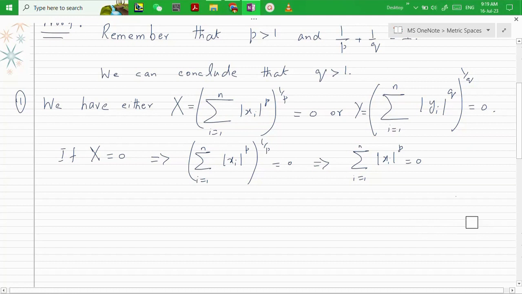So each xi equals 0. Similarly, if Y equals 0, in the same way each yi equals 0.